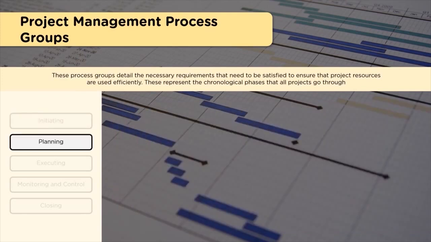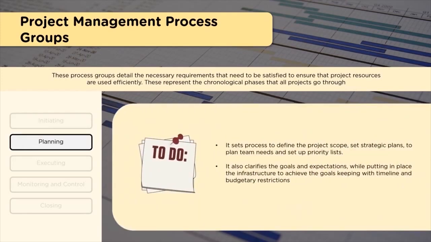So the next process group is the planning process group, where we have around 24 processes to define the project scope, cost, schedule, quality, resource, risk, then procurement, stakeholder engagement. So a comprehensive plan if it is a waterfall approach, or a basic skeleton plan which is required if it is an agile approach.